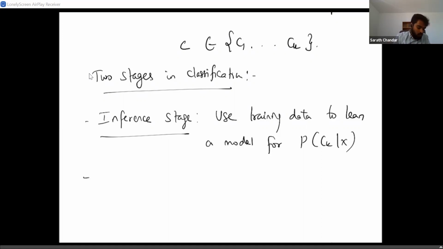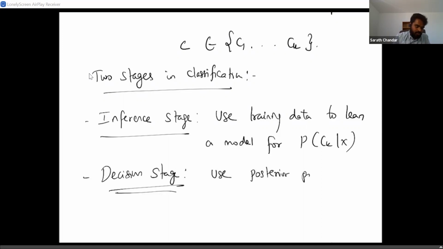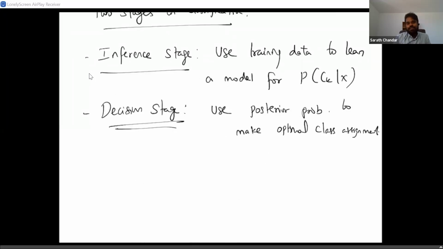Okay, so once you have this particular probability distribution, then you have the decision stage. The decision stage is simply to use these posterior probabilities to make optimal class assignments. This is where the statistical decision theory that we learned comes into place, right?